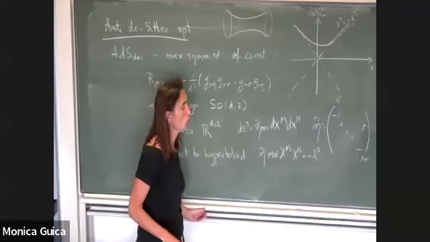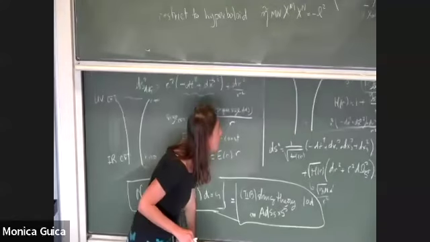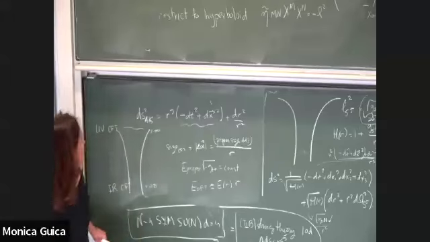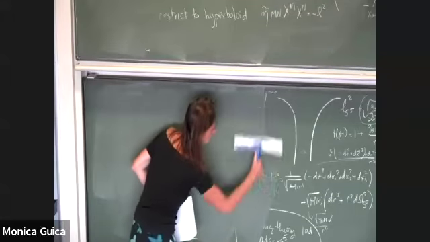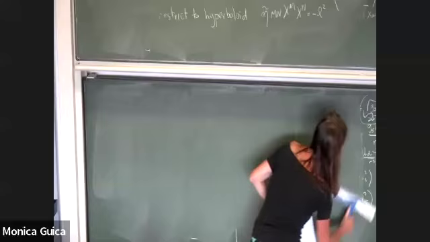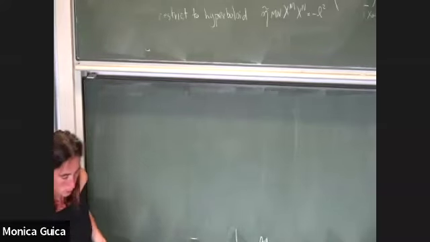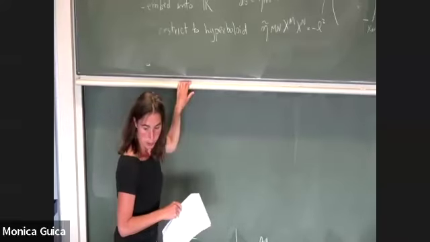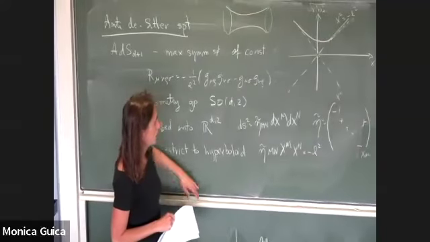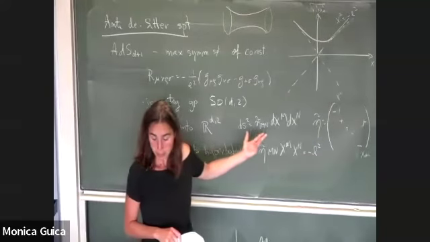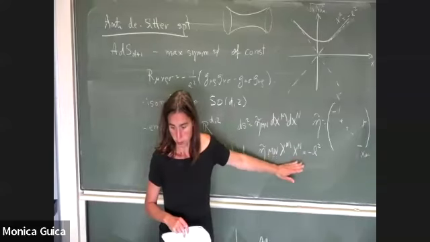And if I want to get a coordinate system on the de Sitter, well, basically I just need to write the embedding explicitly and explicitly solve for this constraint over here.